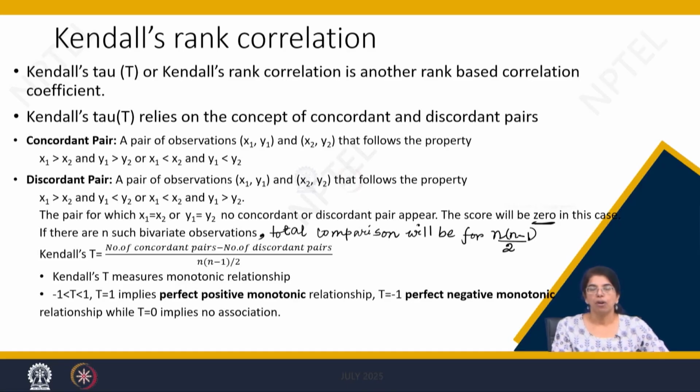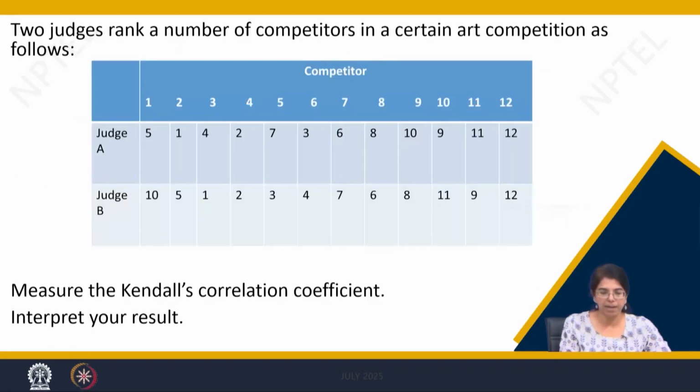Suppose you have two pairs x1, y1 and x2, y2. They are concordant if x1 greater than x2 and y1 greater than y2, or x1 less than x2 and y1 less than y2.